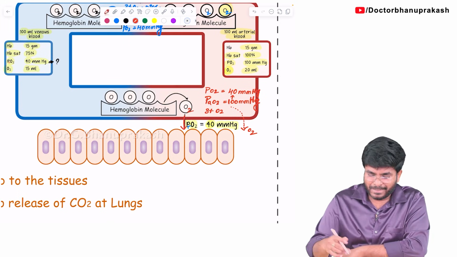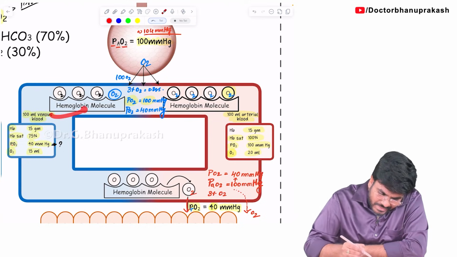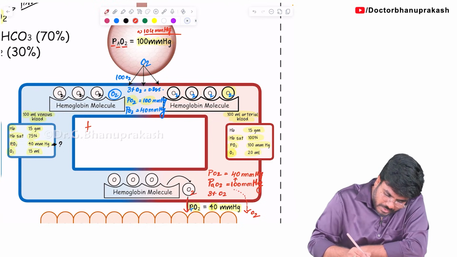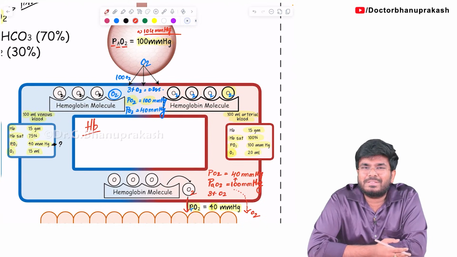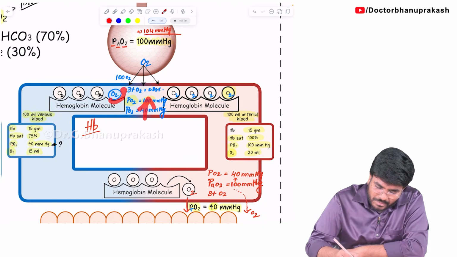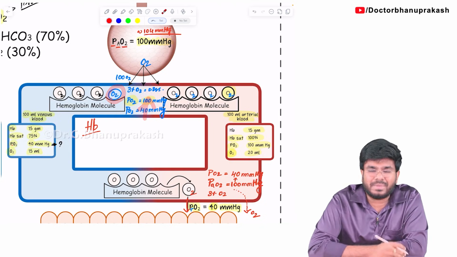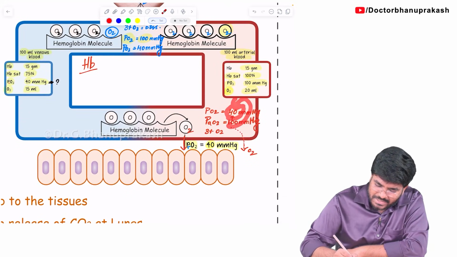Now you understand? Let me give you an analogy. This hemoglobin, we write it as HB, short form. HB stands for husband. So hemoglobin acts like a husband. Whenever there is more partial pressure, it is accepting the oxygen. But whenever partial pressure is decreasing, it is releasing the oxygen.